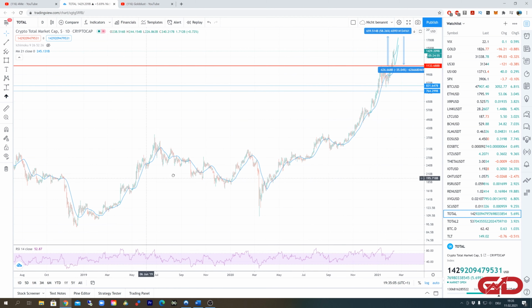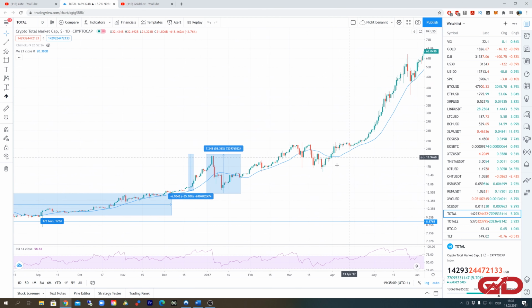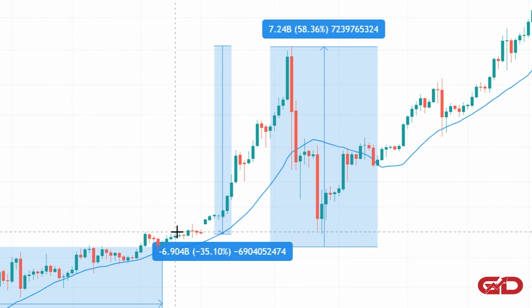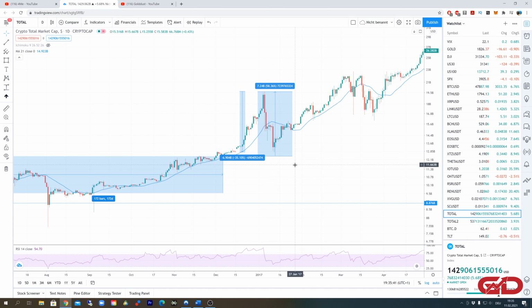Let me quickly show you how this looked back in 2016, the last time we did this. You can see also an outbreak, and then we just go up with some small corrections, and that is also in a time window of almost 1 month. So that would be a match with our time window.